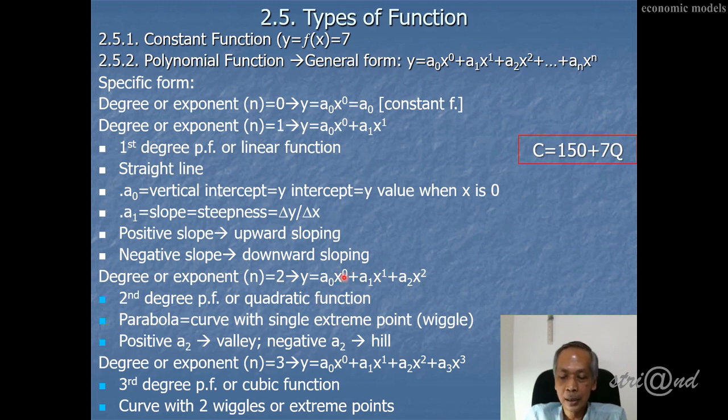The graph will first be increasing, reaching a maximum, then decreasing, reaching a minimum, and then afterward it will increase again. Or it can start with a decreasing function, then reach a minimum, increasing, maximum, and then decreasing.